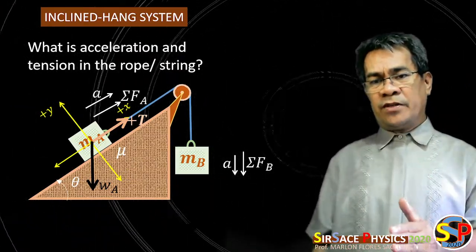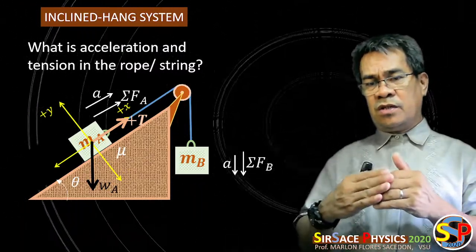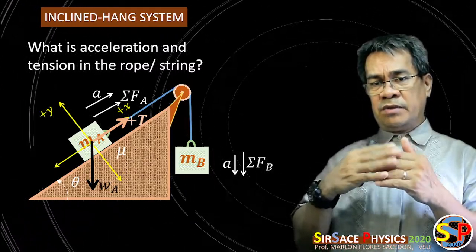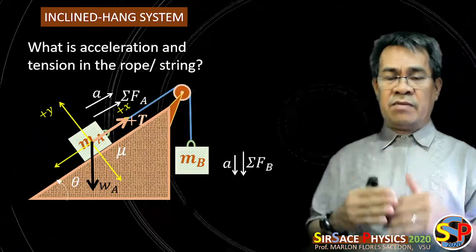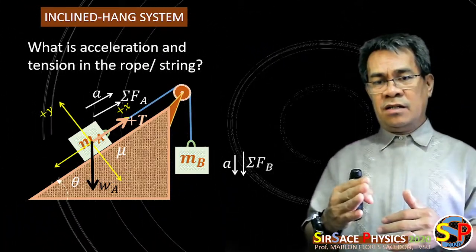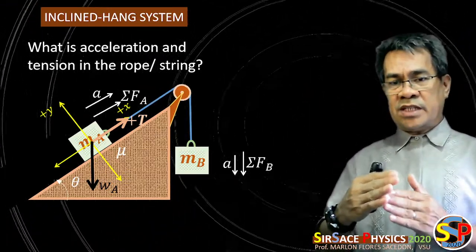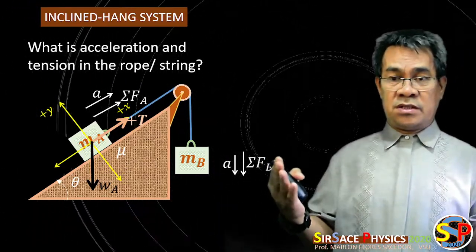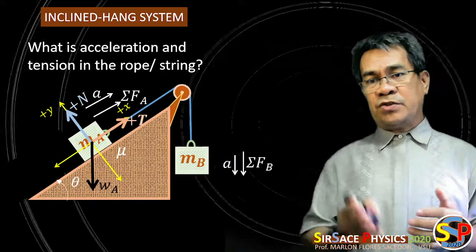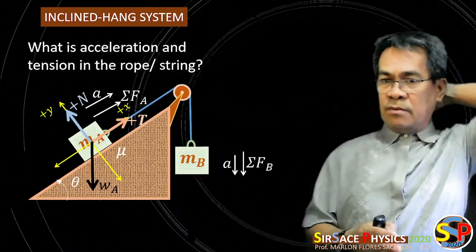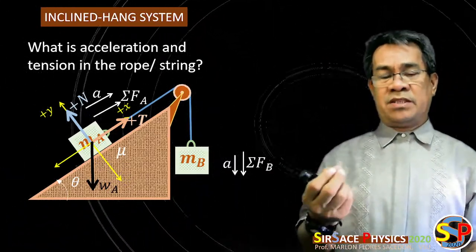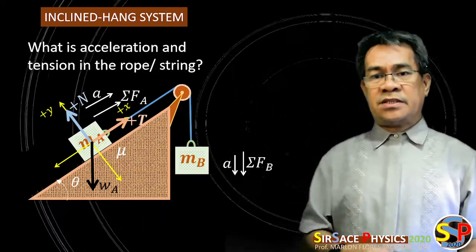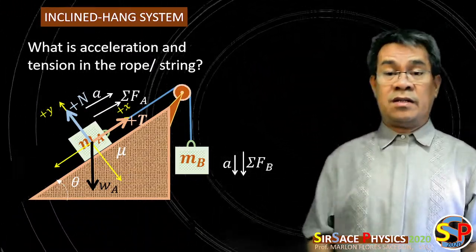The normal force also occurs at the interface between object A and the inclined plane. Remember, the normal is a force which is against and perpendicular to the surface in contact between objects. So the normal force should be towards the positive y-axis, and it is a positive force along y.